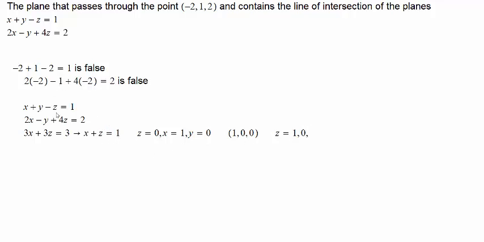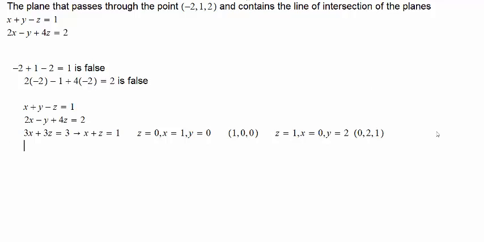Now if I substitute z equals 1 and x equals 0, I can use either of the two equations, y will be 2, right? Okay, so what does this give us as a point on the plane? We get (0, 2, 1) as another point, right?